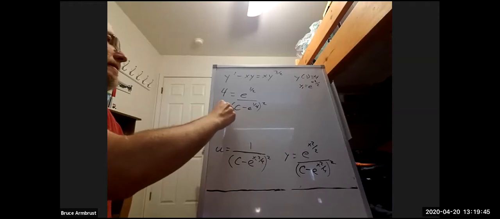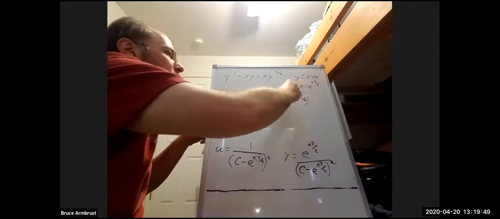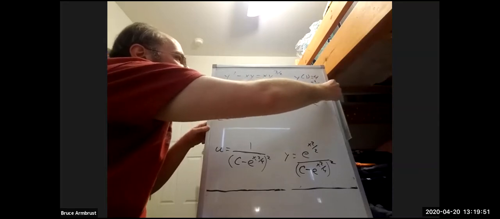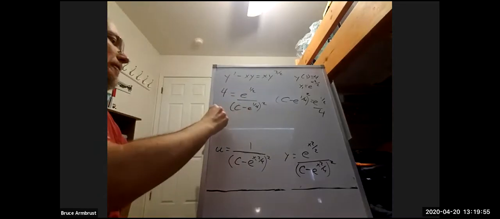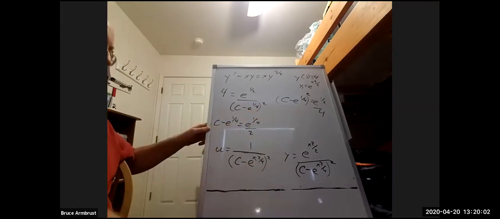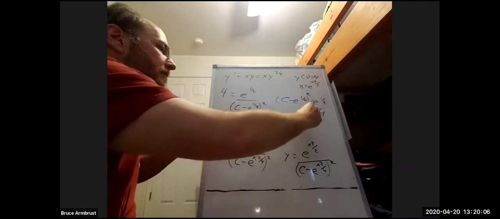So c minus e to the 1/4, squared is going to equal e to the 1/2 over 4. If I take a square root, I get c minus e to the 1/4 is equal to e to the 1/4 over 2. So c is equal to 3/2 e to the 1/4.